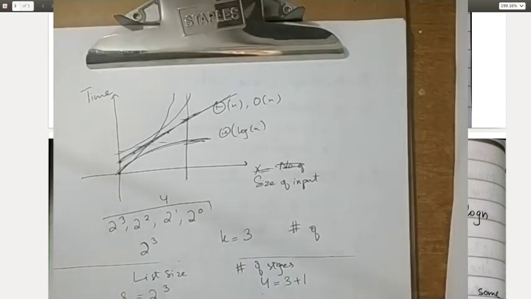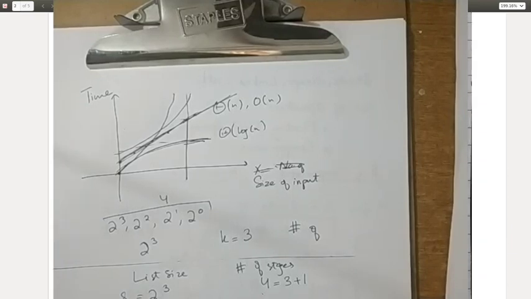So k was simply, we were trying to figure out, I expressed these numbers, this was 8, 4, 2, 1. Instead of thinking about them in terms of 8, 4, 2, 1, I thought of them as powers of 2. And this power is simply k. So this is 2 to the k, and then you're checking what's the value of k. So if you have n to be 8, how do you find k?